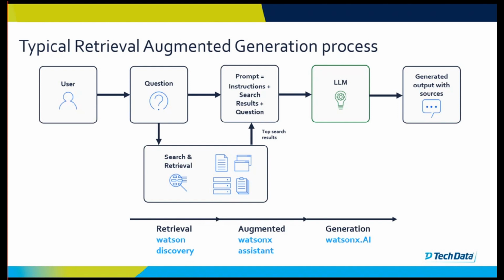Then we search for the relevant content for this question. That is the retrieval part. After we have this retrieved content, we take that to augment our question, and also add some instructions. Then this augmented question is fed into a large language model. Then we get our final response. So this is the RAG process.